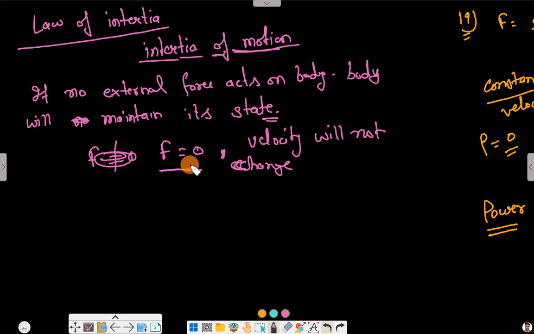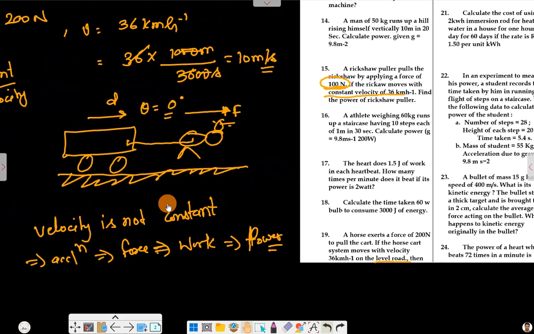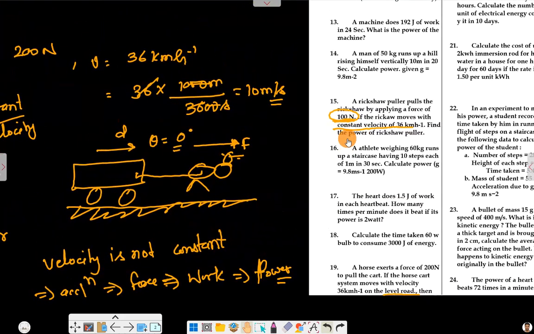That's why in question number 15 we consider that force is zero, and this force was the starting force. To start the rickshaw, we need some force, and after some time when the rickshaw has some velocity, then to maintain that velocity there is no requirement of any force, because it is now in inertia of motion, considering that friction is zero. In all these questions we are considering that friction is zero.